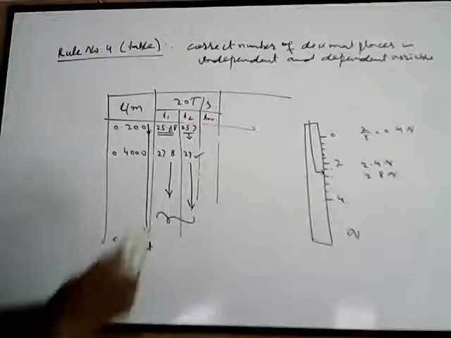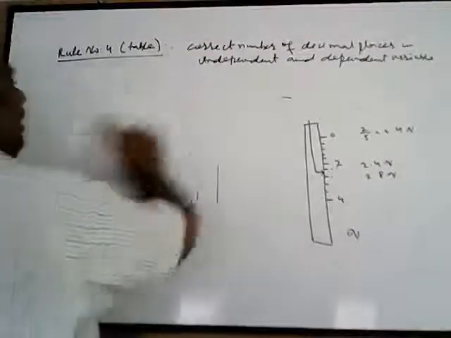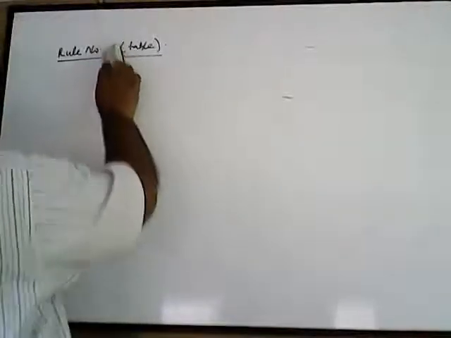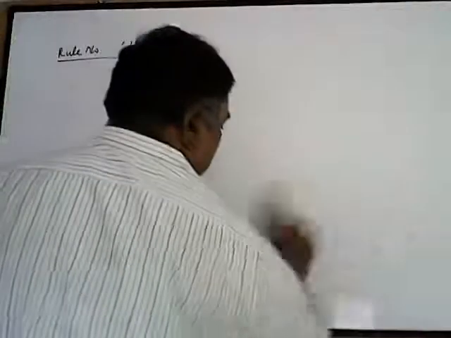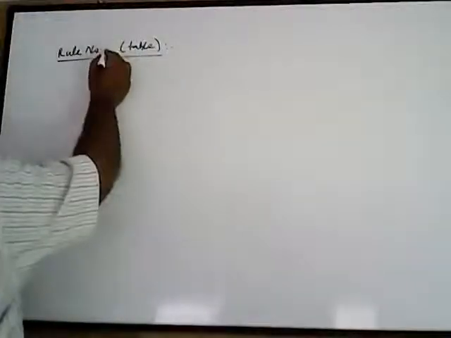Now rule number 5, and the last rule for the table, is for the significant figures. I have discussed in the very first part how the significant figures are taken.